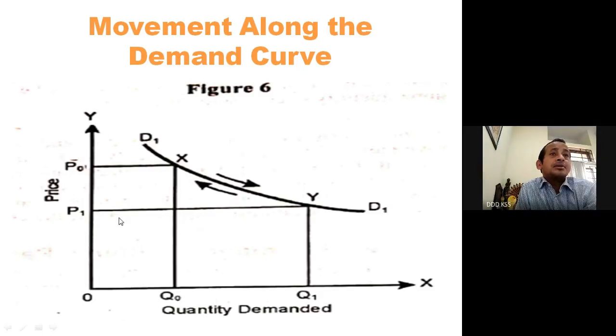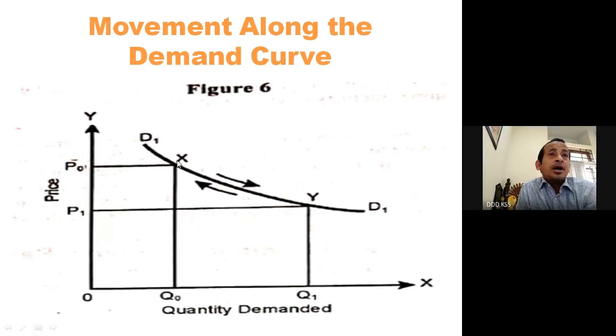Like if we assume that first price was PO, and at that price quantity demanded was OQ. Now from this PO price comes down to P1, and when price comes down to P1, demand for that good increases to OQ1.